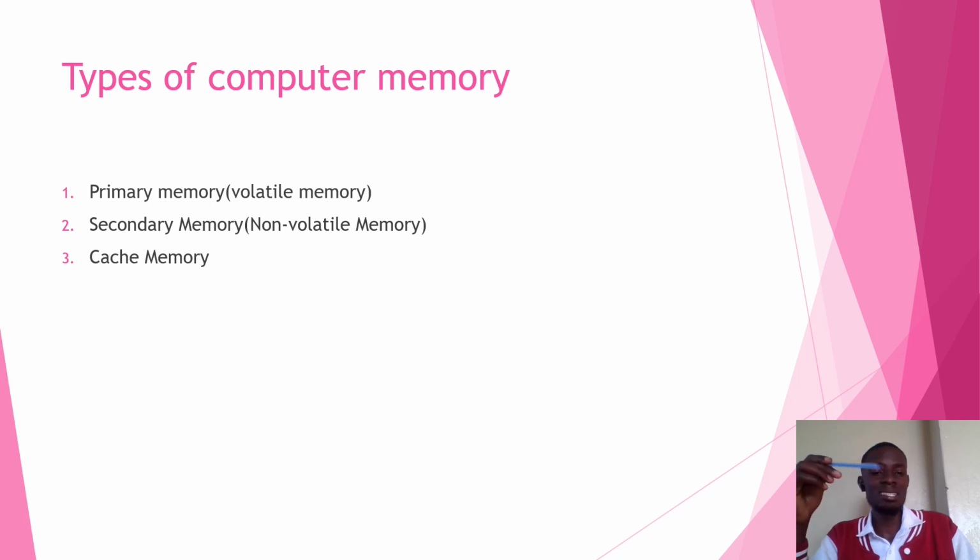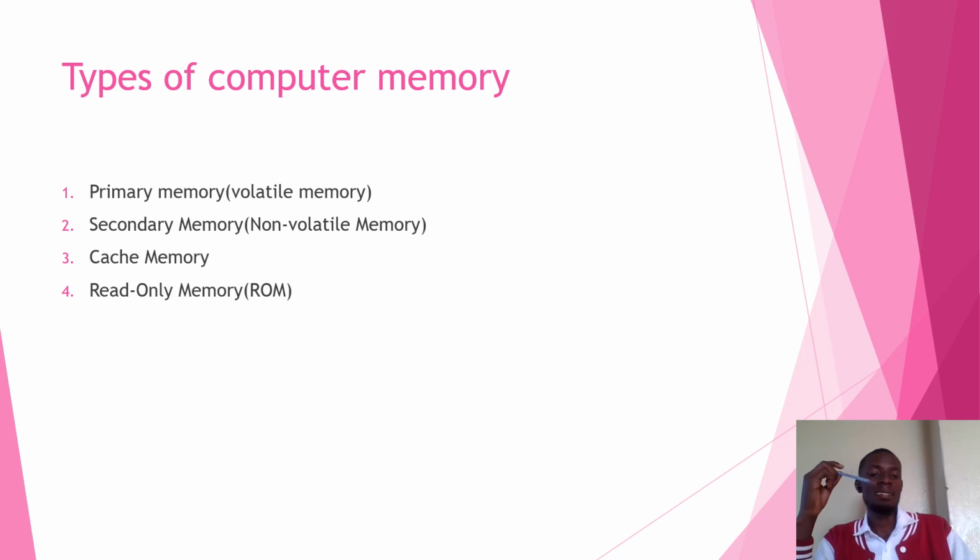This one is the smallest and the fastest kind of memory in the computer memory functionality. And then the other one is the read-only memory, or you can term it as the ROM, as we shall look at them one by one in details.